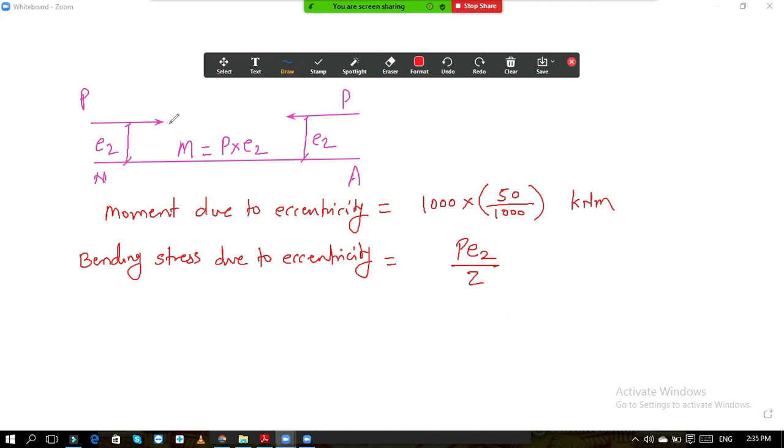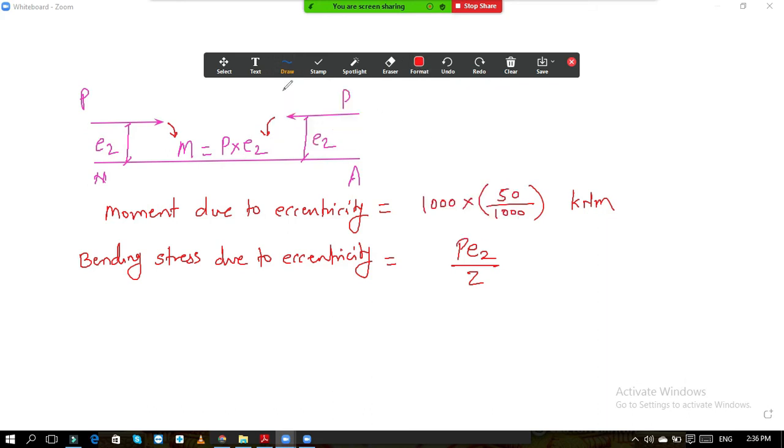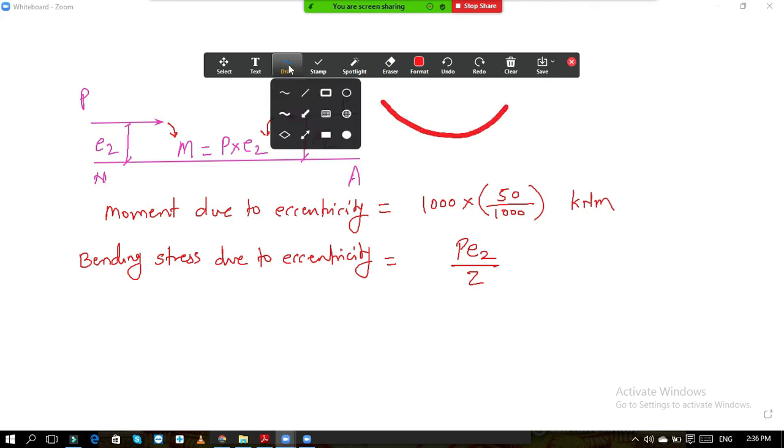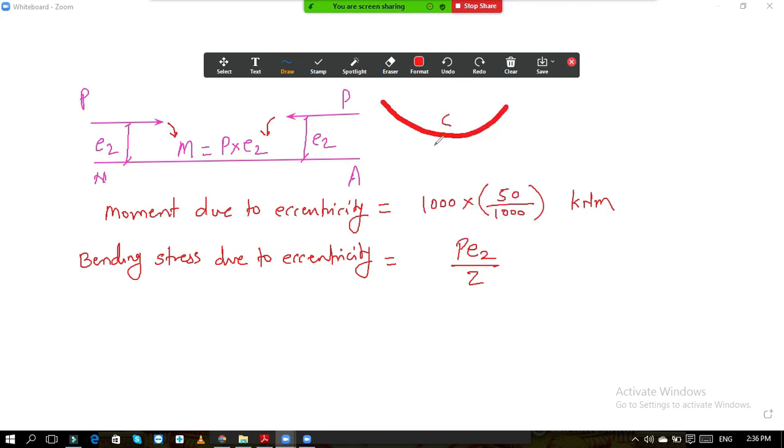Now see, it will rotate in this direction. So it will try to push down the neutral axis. So the deflection profile of the neutral axis will be like this. So the beam will deflect in this way. So here your tension is at top, compression is at bottom. So at top it is plus, at bottom it is minus.